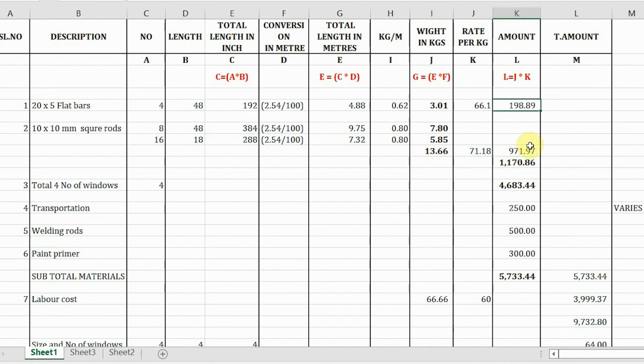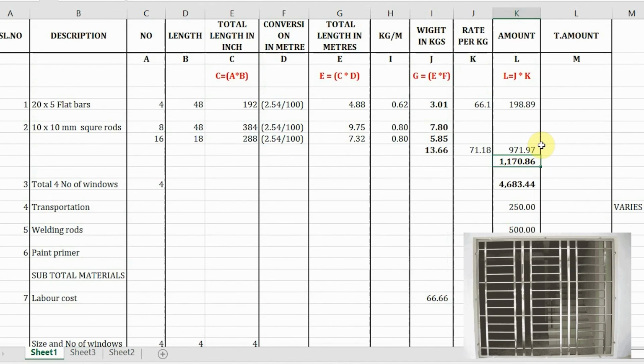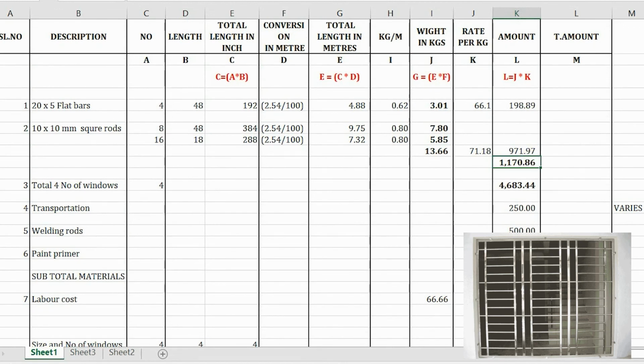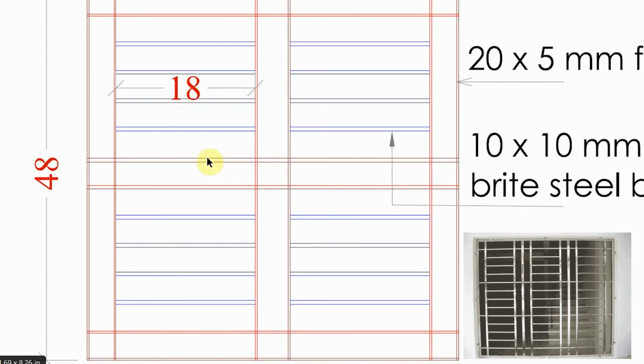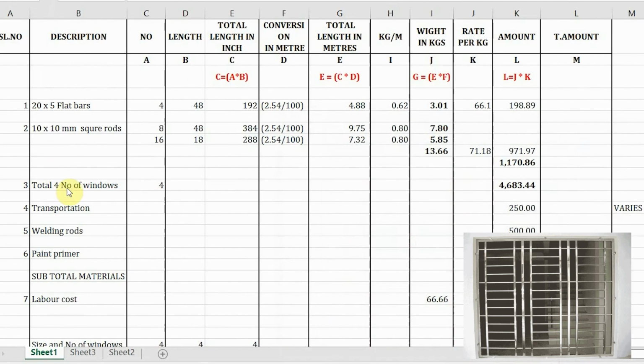Now the flat bar and the square bar total 1170 rupees is required to purchase the material. Okay, please understand carefully. This is only the purchase of materials. So like this, I have 4 windows.